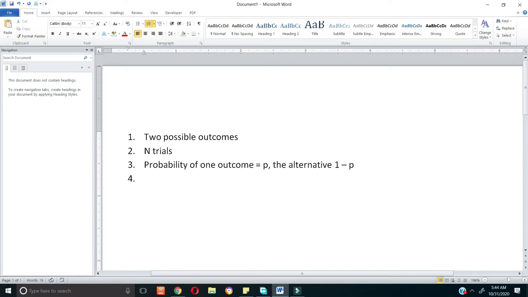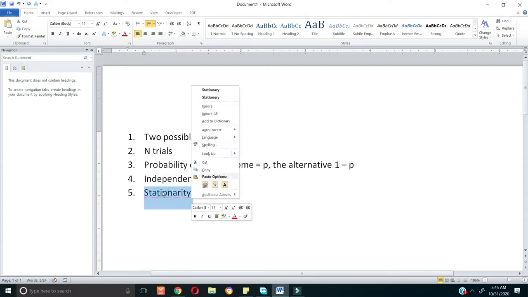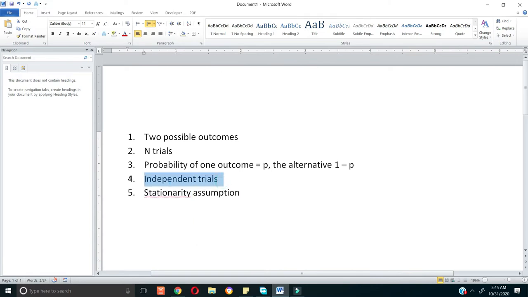Then, of course, the trials are independent. Then you had what you call a stationarity assumption.